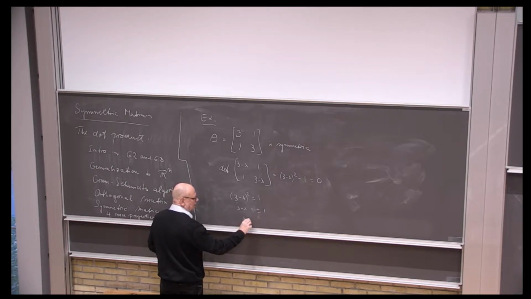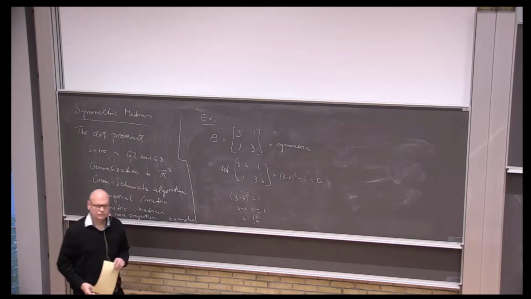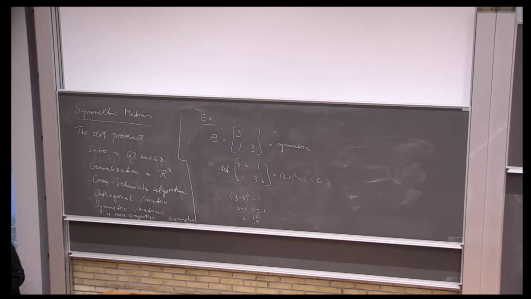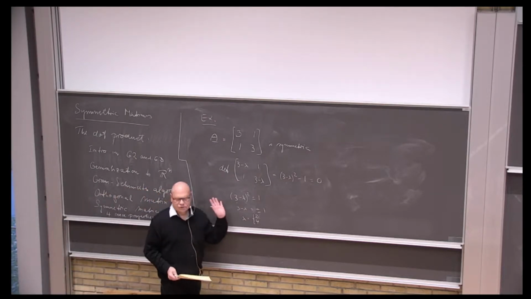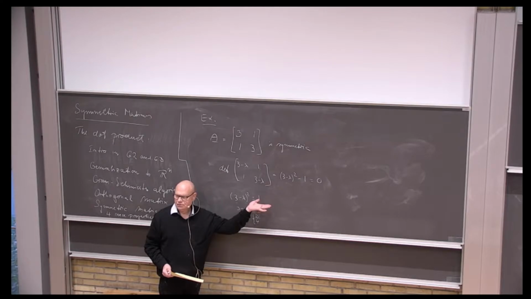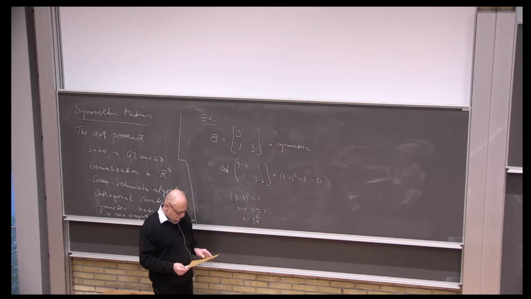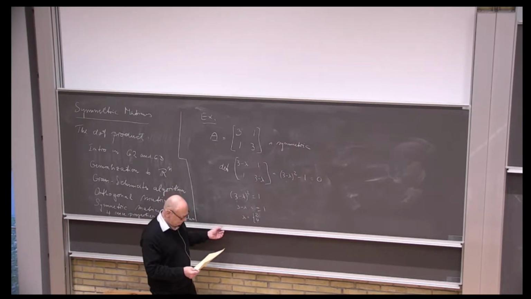And this means that I get lambda equal to 2 or 4. But you could compute this characteristic polynomial. You can find the discriminant and then compute the roots in the normal way.